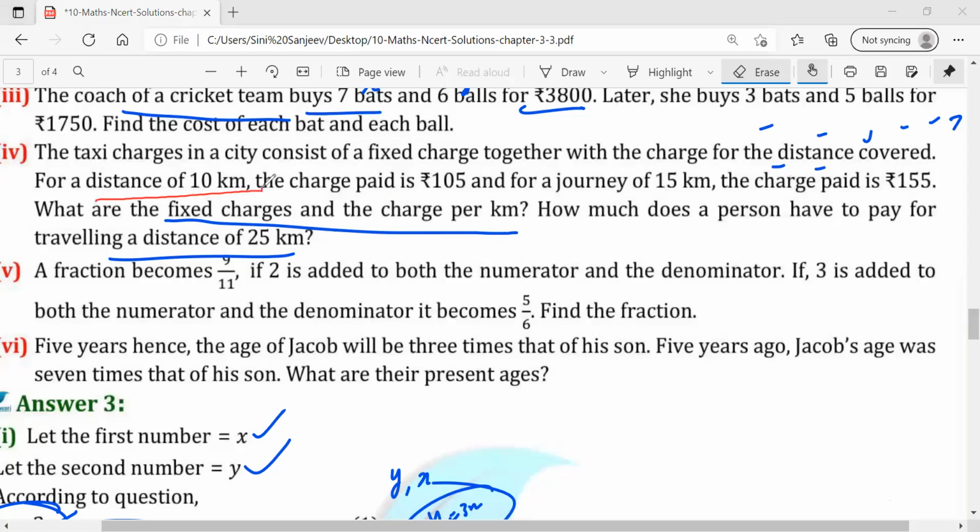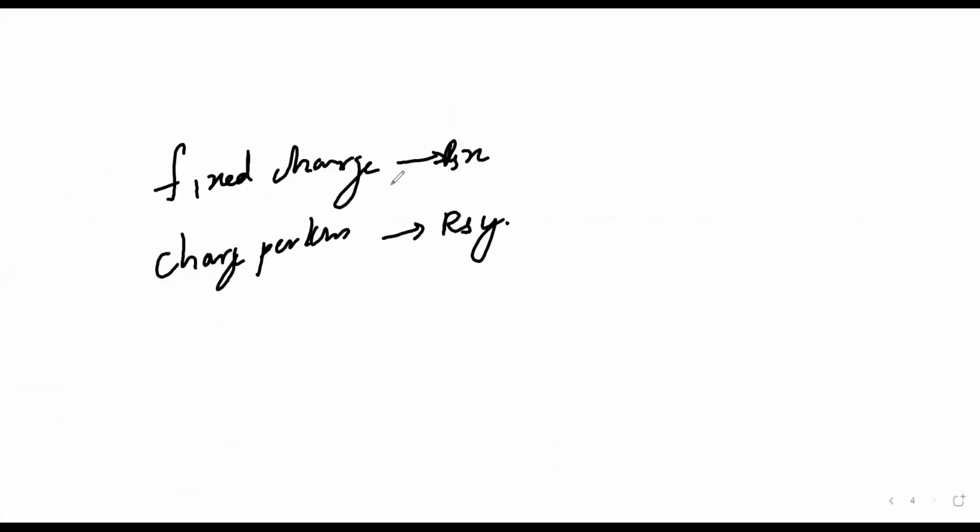For a distance of 10 kilometers, the charge paid is 105. So this 105 rupees includes the fixed charge plus the charge per kilometer. Correct?